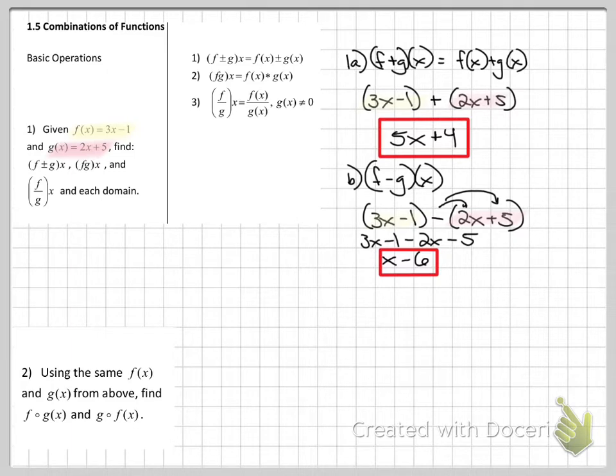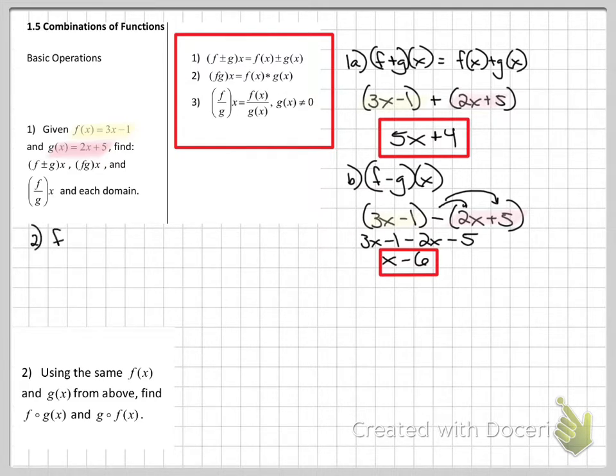Next is multiplication. And the ways you can write it is written here, right? All the different ways we could write the equation. 2. I'm going to do 2 over here so I can have enough space. We are doing f times g. Multiplication, you can just write the letters next to each other, of x. So I'm taking equation f and multiplying it by equation g.